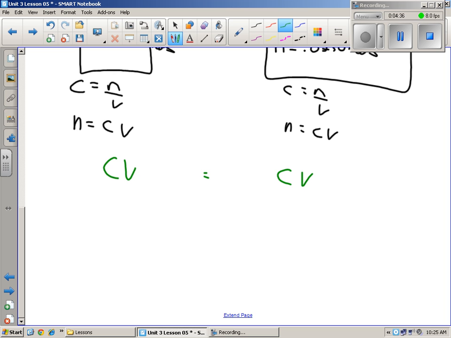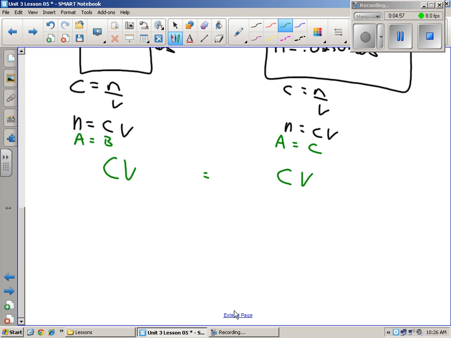True? It's like the math questions you remember: if A equals B, and A equals C, then doesn't B have to equal C? So doesn't CV have to equal CV? In other words, the answer is yes, it does.